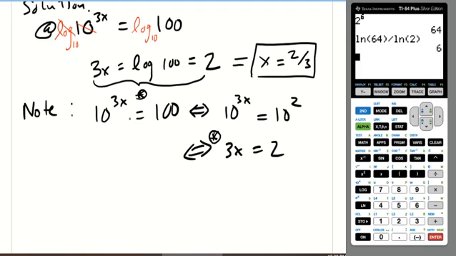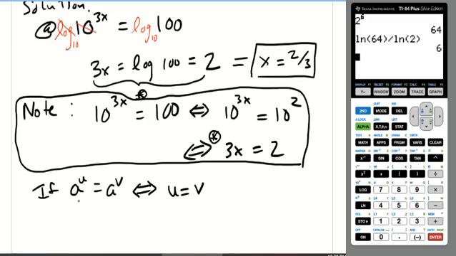It not only passes the vertical line test, it also passes the horizontal line test, which means if you have the same y value, then you're going to have the same x values. But this method of equating the powers only works if you can rewrite it to look just like that.